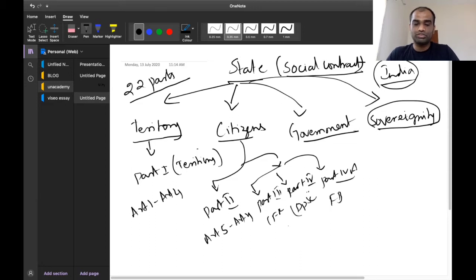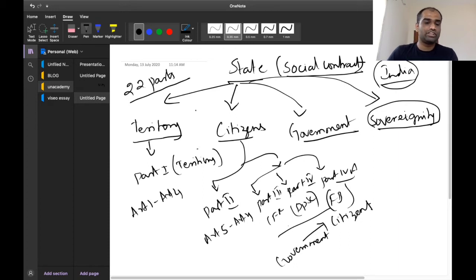Now, all these provisions, fundamental rights, DPSP, fundamental duties, involve the relationship between citizens as well as government. Clear?